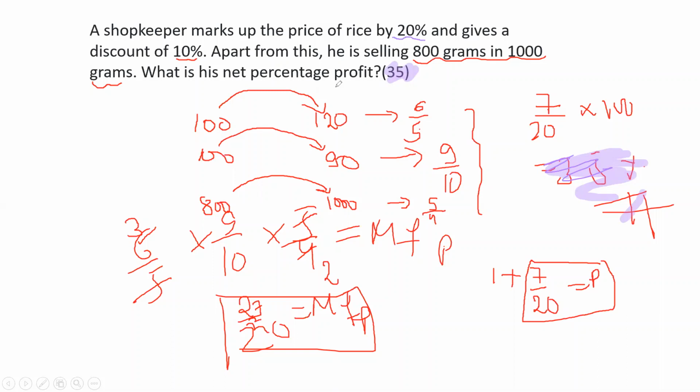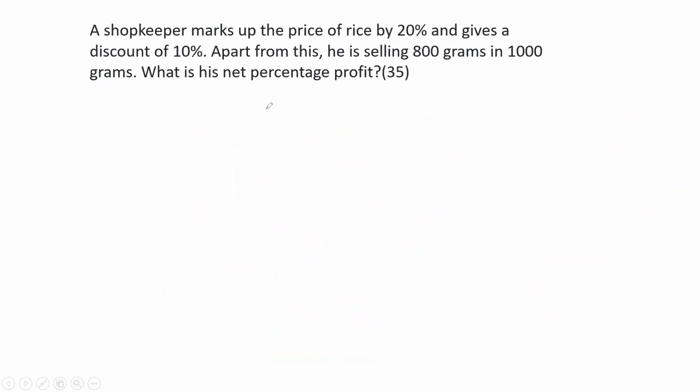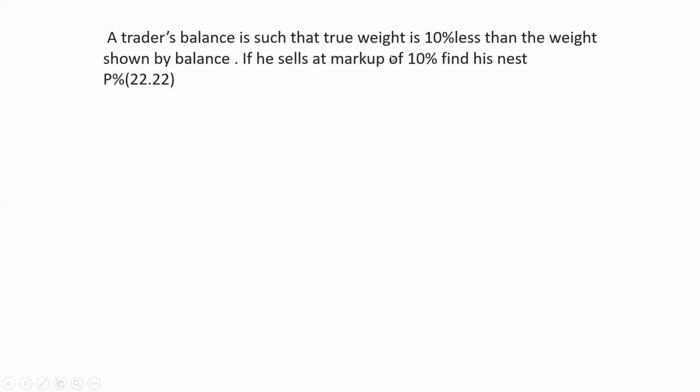Now the third question, question number 3. A trader's balance is such that the true weight is 10% less than the weight shown.